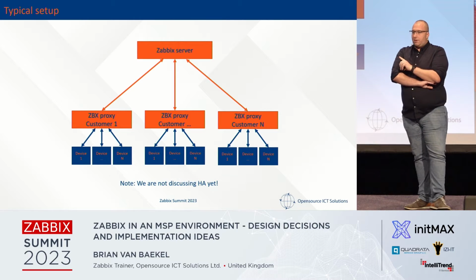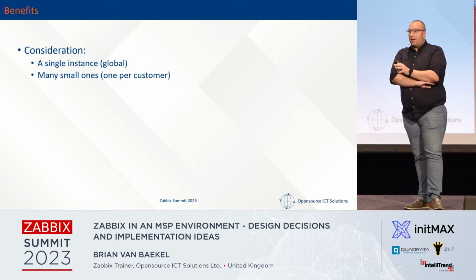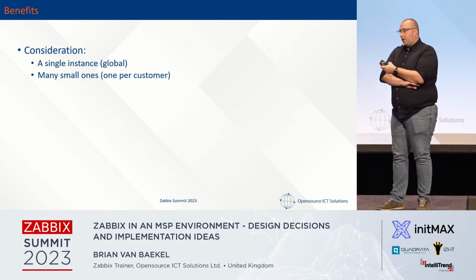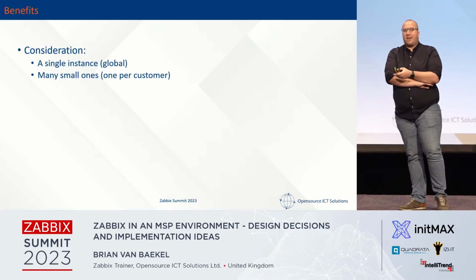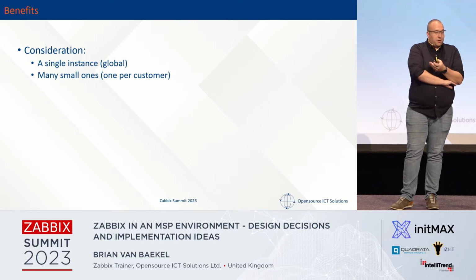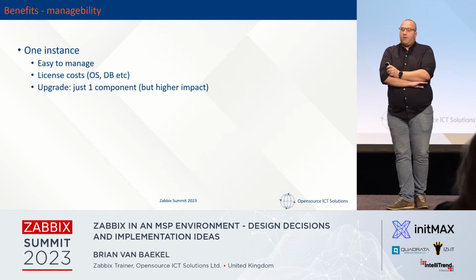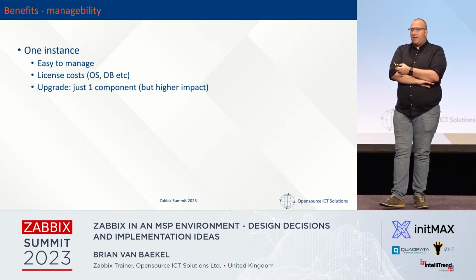However, there is another option. This one. Many small instances. Technically, it is possible. Technically, we can just spin up a new Zabbix server per customer. Might be working perfectly fine, might be extremely dramatic at some point. So, what's the difference? Well, if you have one instance, it's a lot easier to manage.